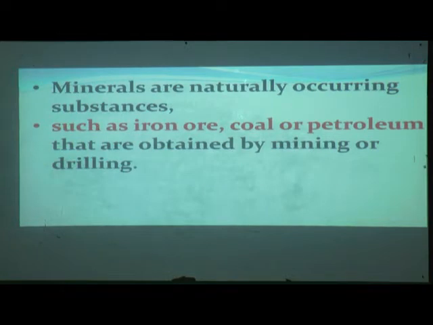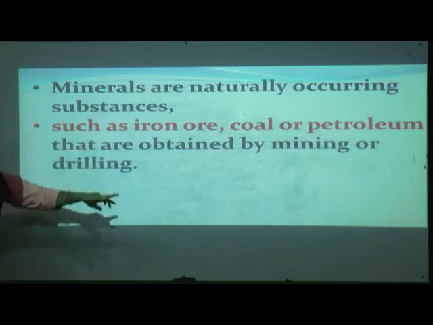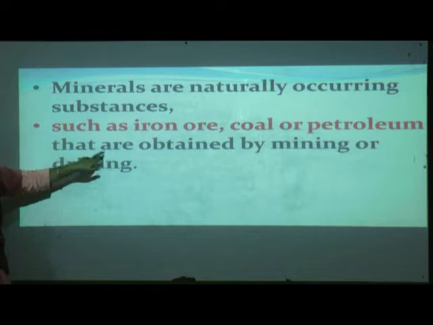Minerals are naturally occurring substances. The minerals we get from rock are not artificially made. They are made naturally, by God. Nobody has made them. Examples are iron ore, coal, and petroleum, which are obtained by mining or drilling.